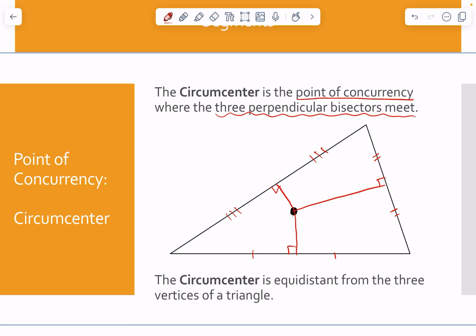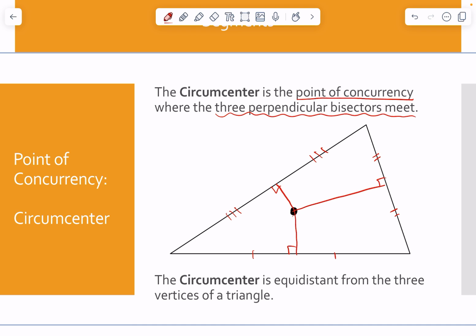All right, so there are the three perpendicular bisectors inside of that triangle. Now, like I said, that black point there is called the point of concurrency. It is called the circumcenter.